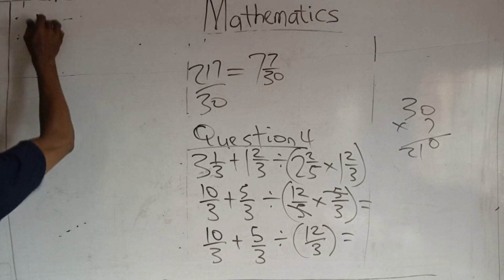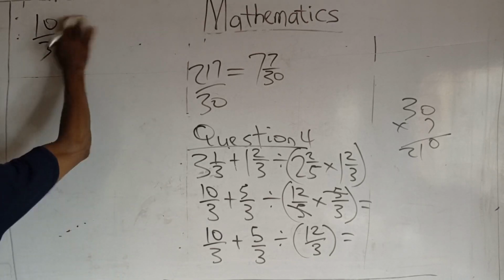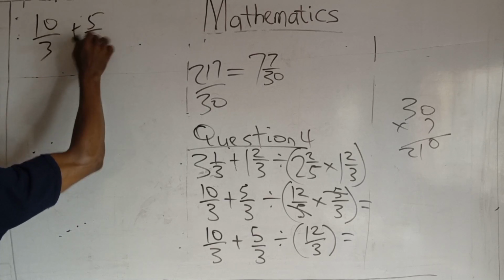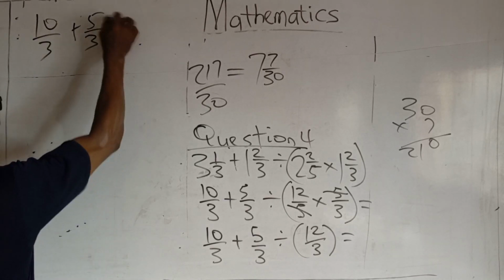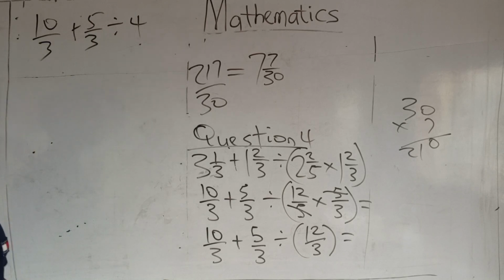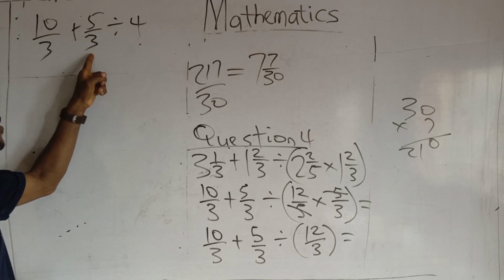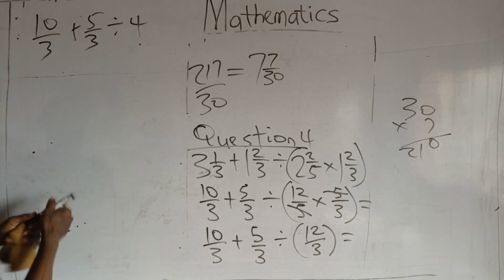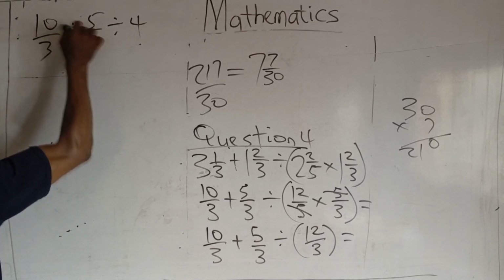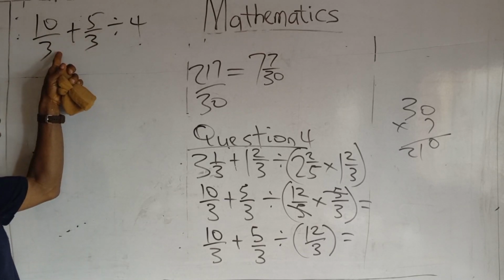So we now have 10 over 3 plus 5 over 3 divided by what? 4. So we are going to divide this before we add, because division comes before addition.